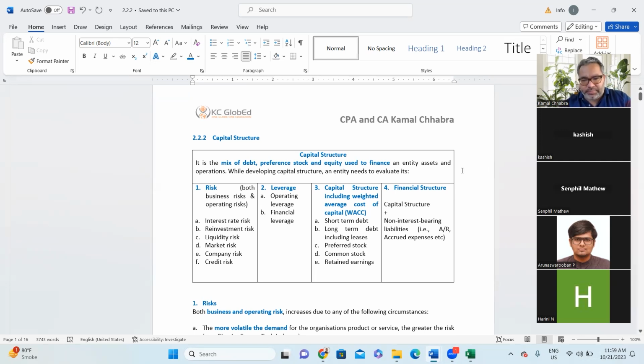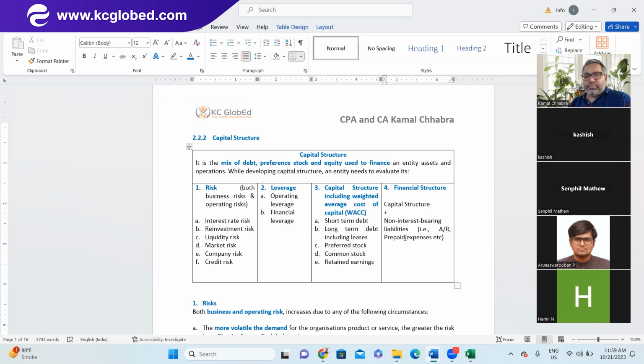Sorry, my bad. Those are non-interest bearing. Account receivable, you have to receive the money, right? But there would not be any interest. There would not be any financial benefit, right? That is coming from your sales and operation. Make sense?